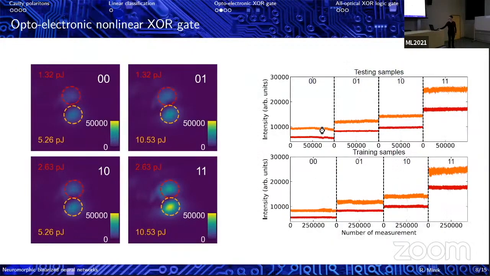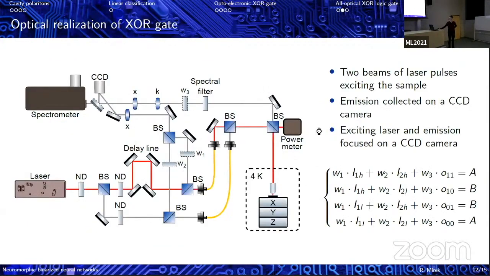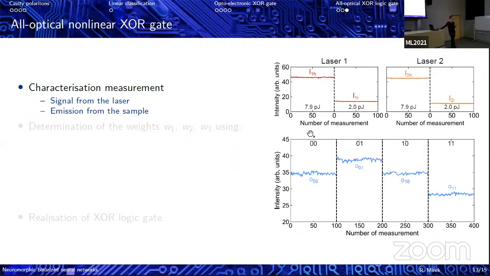It's probably a theorist versus experimentalist misunderstanding. So we are training by measuring the laser pulse on the CCD camera to check the intensity of this laser pulse, and that's the beginning. Then we measure the second laser on the CCD camera to see the response of the camera when we shine the light on it, and then we also measure the intensity coming from the sample.